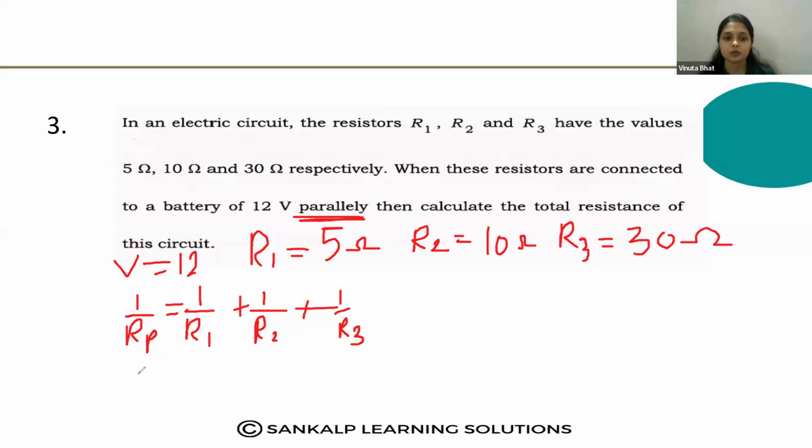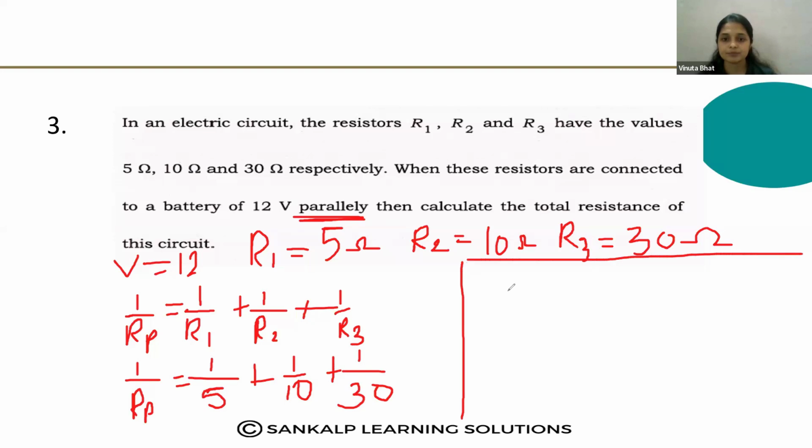So 1 by Rp is equal to 1 by 5 plus 1 by 10 plus 1 by 30. So I will write the next step here.